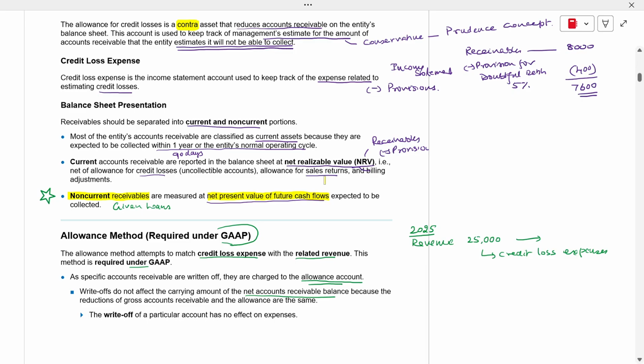It is net of the allowances for sales returns, billing adjustments, anything that is related. Write-offs do not affect the carrying amount. It will not affect the net accounts receivable because the reduction of gross accounts receivable and the allowance are the same.